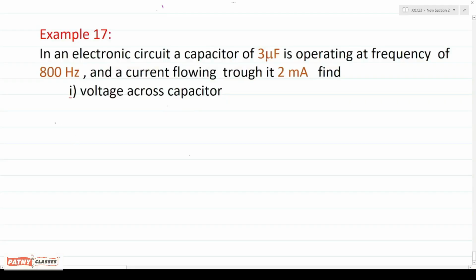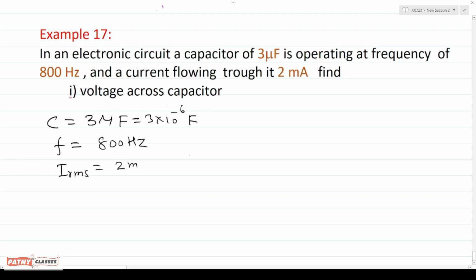Here the capacitor is equals to C equals to 3 microfarad and this is equals to 3 into 10 raised to minus 6 farad and frequency equals to 800 Hz and we need to find given RMS value 2 milliamperes, that is equals to 2 into 10 raised to minus 3 amperes.